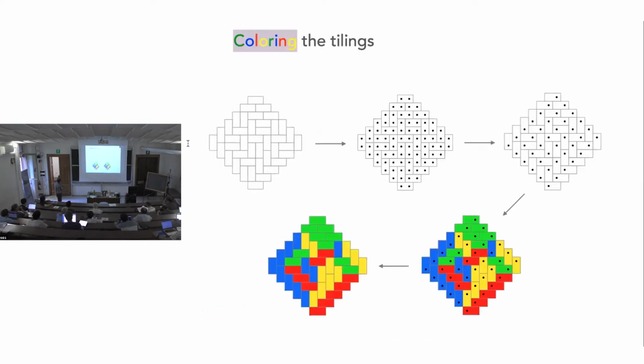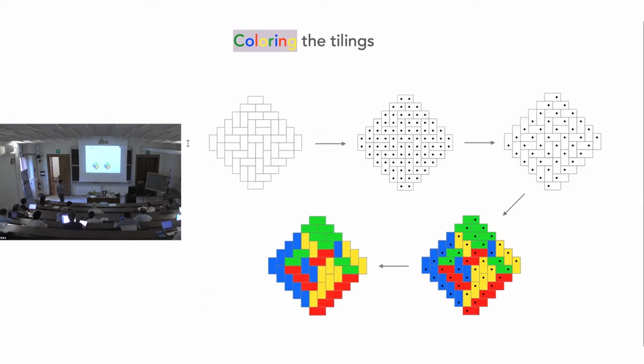It's also useful to color the tilings because it shows somehow more structure. So for a given tiling, we first put dots in the domain in this way, these dots will eventually be the vertices of the dual graph of the Aztec diamond.